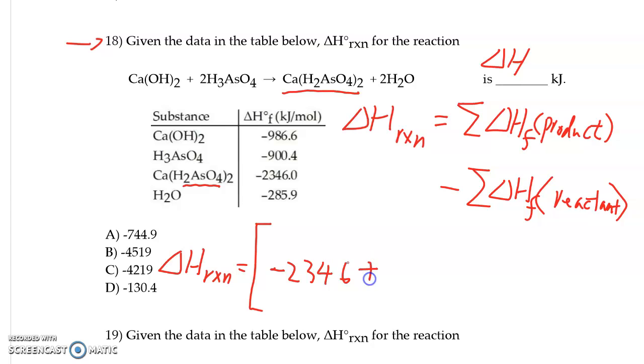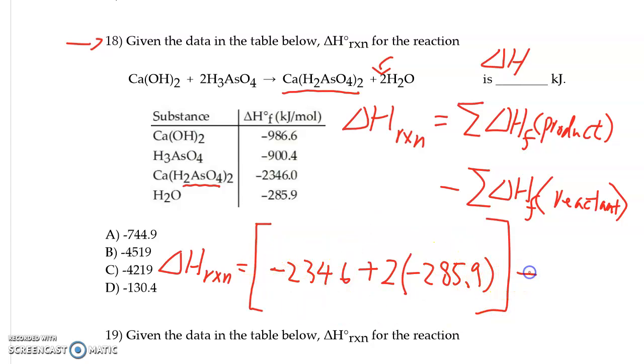Plus the enthalpy of formation of water, and that is over here. Be careful here, because you see the coefficient of 2, and therefore you have to multiply by 2. So for water it is negative 285.9. Okay, so that is the sum of the enthalpy of formation of the products.